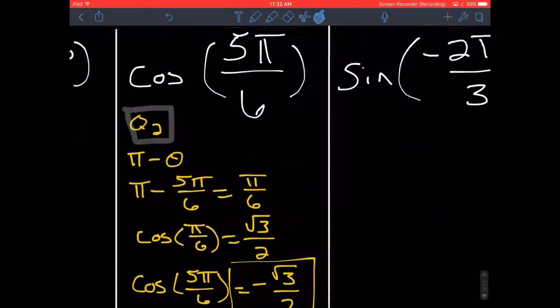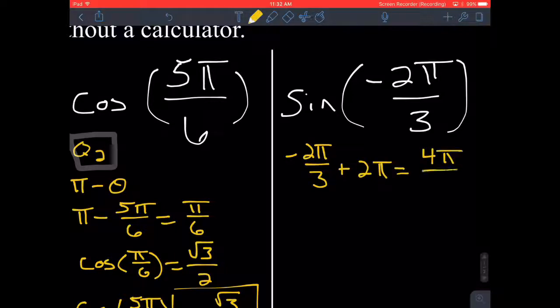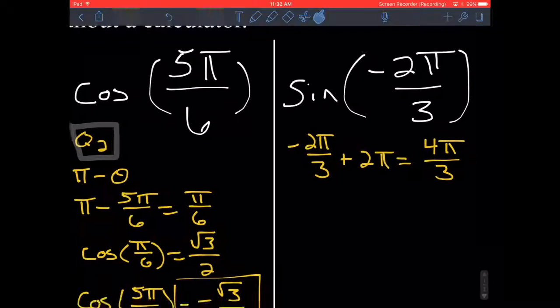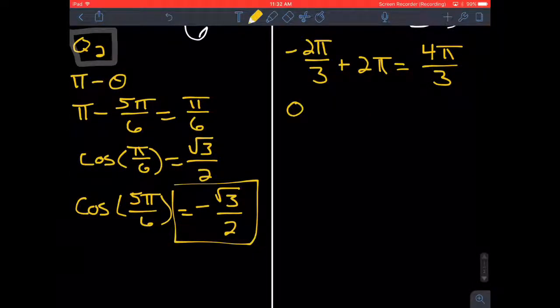And now for our last example, sine of negative 2 pi over 3. This angle once again does not lie within the range of 0 to 2 pi, so what I have to do is find a coterminal angle that does. So I'm going to take my angle and add 2 pi to it, and that is going to give me 4 pi over 3. This angle lies in the third quadrant. So the rule that I'm going to use to find the reference angle is my angle minus pi.